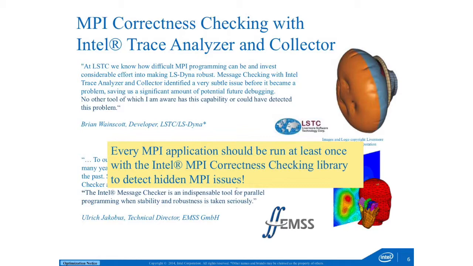With this tool, they were directly pointed to it. Probably it was request management. And the same here for EMSS: I think it was also a request management problem that was detected by the message checker.